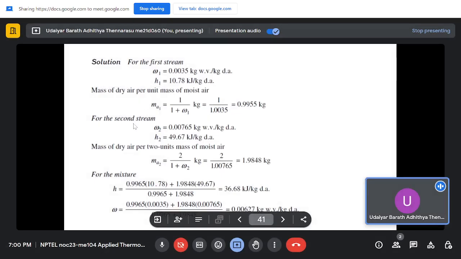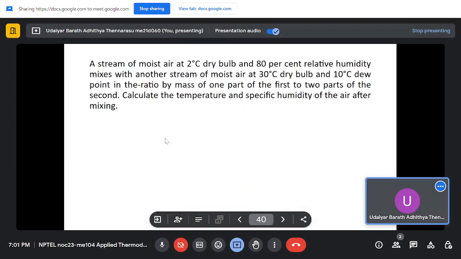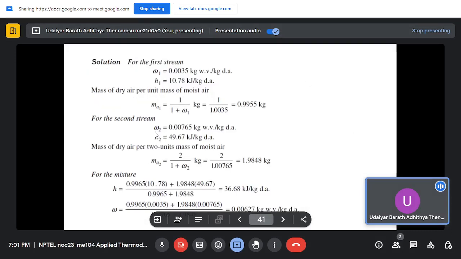Next is the second stream. Similarly, for 30 degrees Celsius dry bulb temperature and 10 degrees dew point temperature, we can find omega 2 is equal to 0.00765 kg water vapor per kg of dry air, and enthalpy is 49.67 kilojoule per kg of dry air. Similarly, we can find out the mass of dry air at state 2.